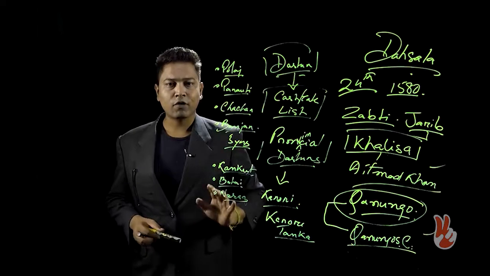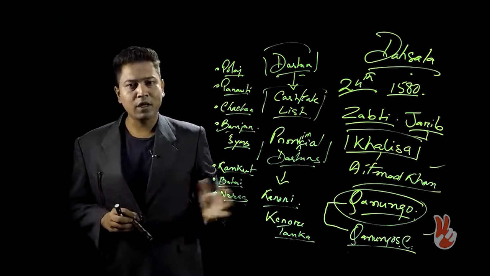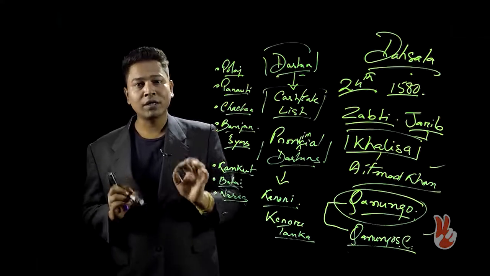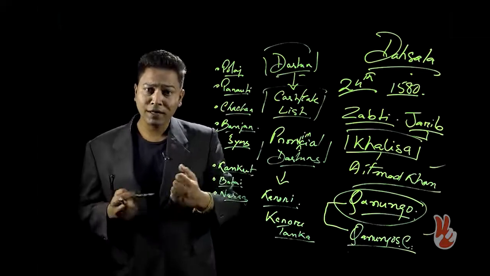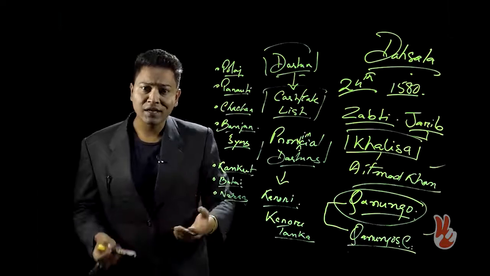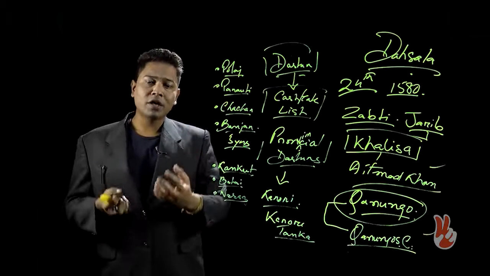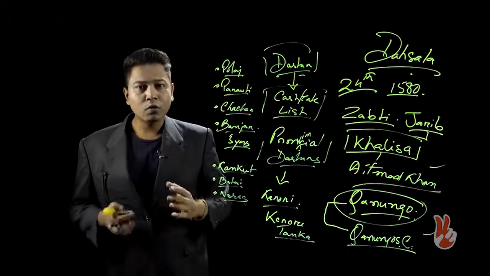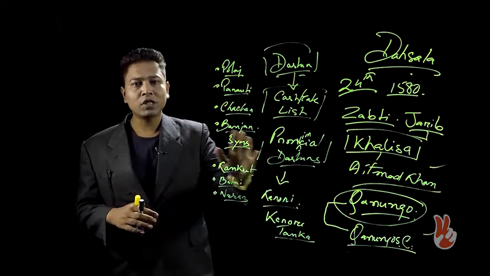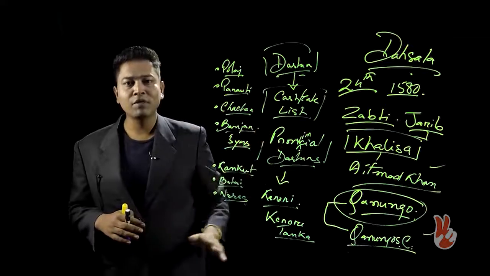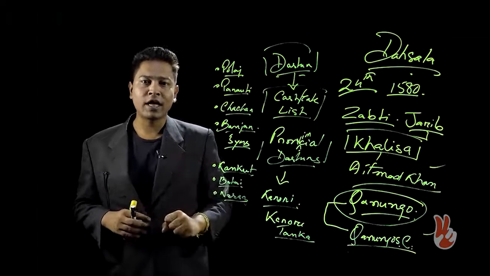Now, as I have already mentioned, the Dahsala system is a complex system of assessing land revenue and then realizing land revenue. But what it does is streamline the process of revenue administration, the process of collecting revenue, the process of disbursing salaries, the process of ascertaining what the imperial treasury is actually worth. So, it streamlines all of those areas of revenue administration and financial administration of the Mughal state, and it provides longevity to the entire Mughal state.